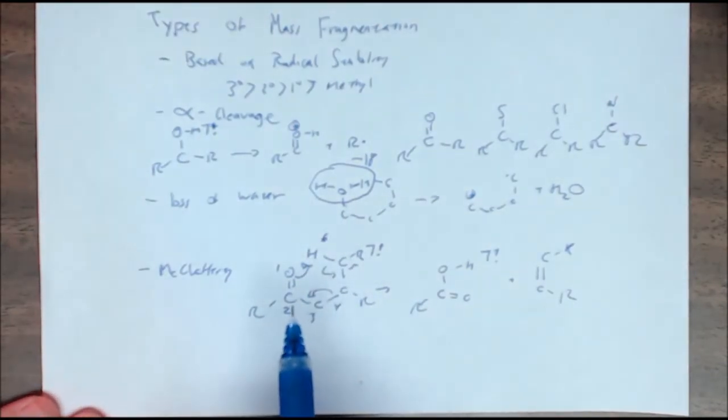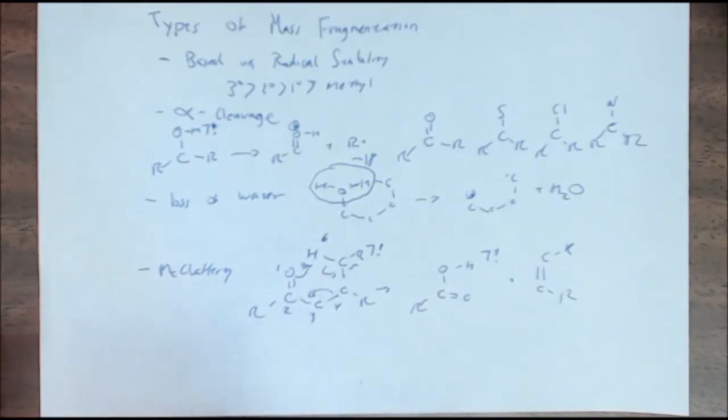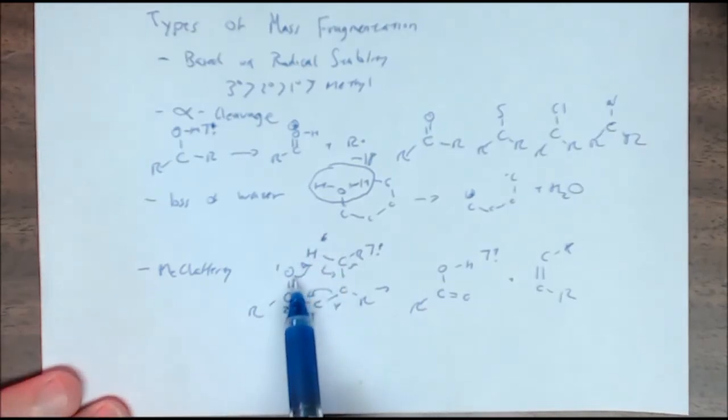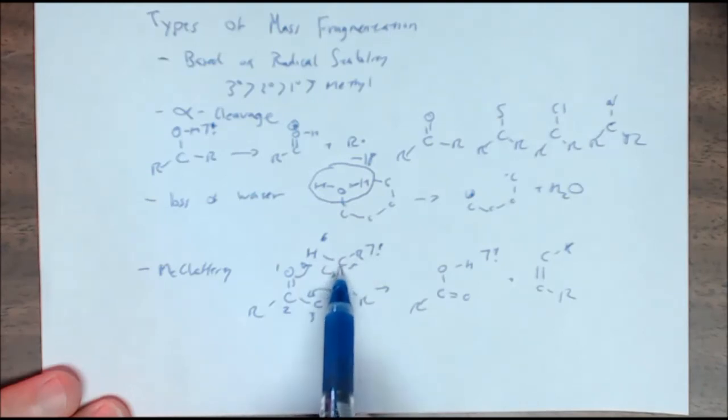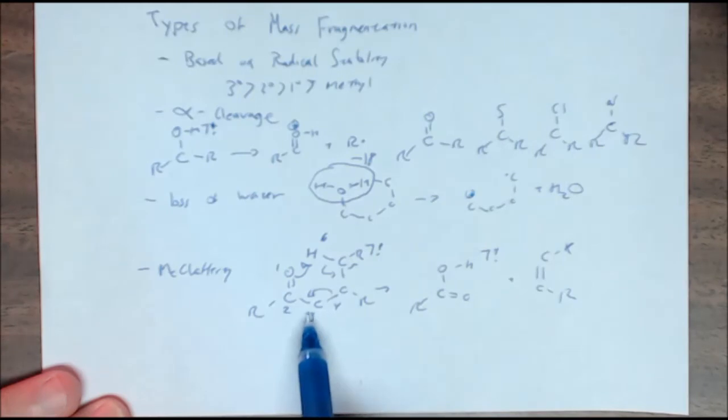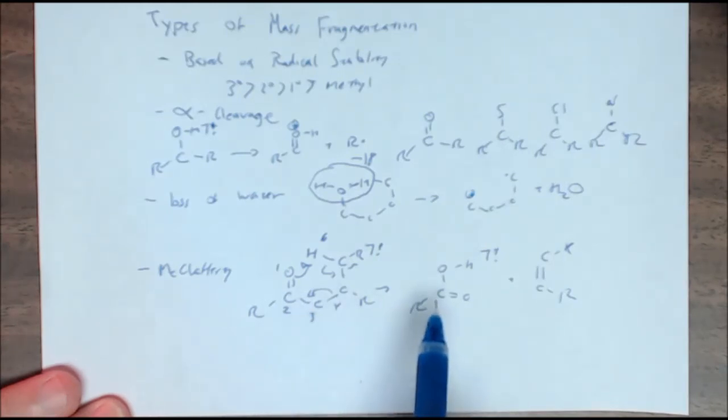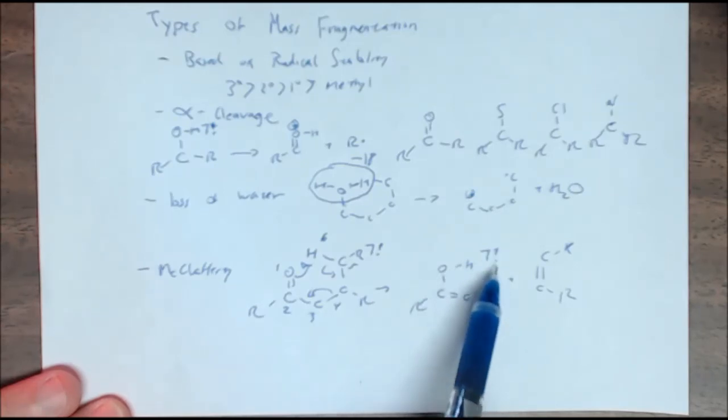That is a 6-membered ring, and those are very, very stable and very, very common in organic chemistry. Now, this oxygen reaches out, grabs that hydrogen. This comes down, forms a double bond between these two carbons, and kicks out these electrons over here. What we're left with is this form, where we have an enol generated, and again, this is the radical cation.